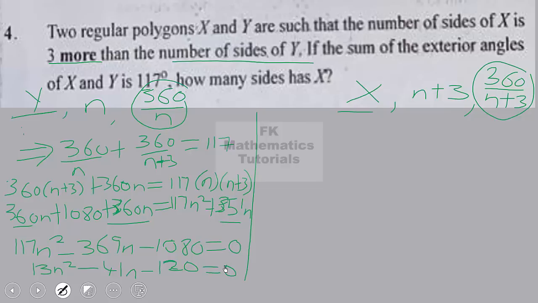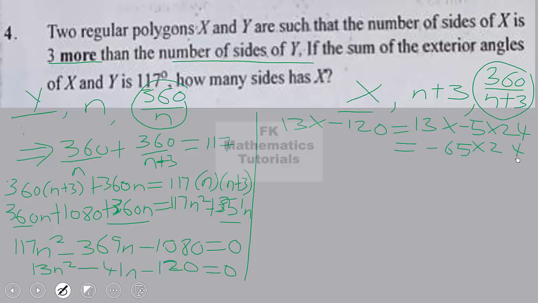Okay, so we now find two factors of 13 times negative 120 that will add up to give us negative 41. So this is the same as negative 65 times 24.